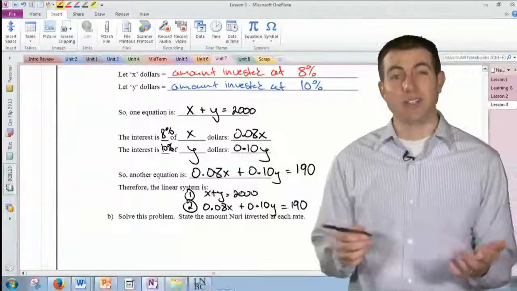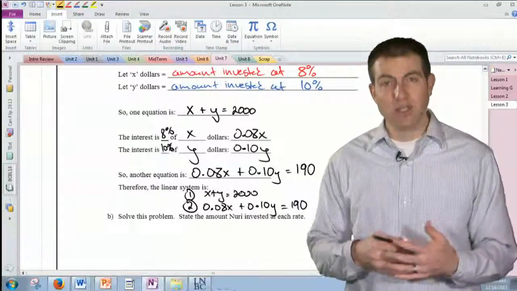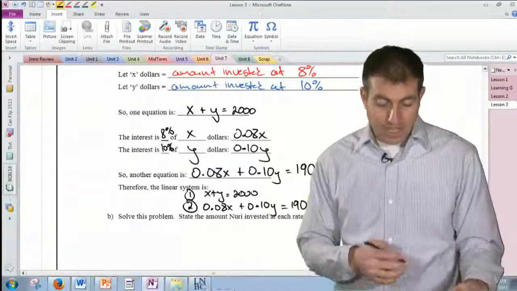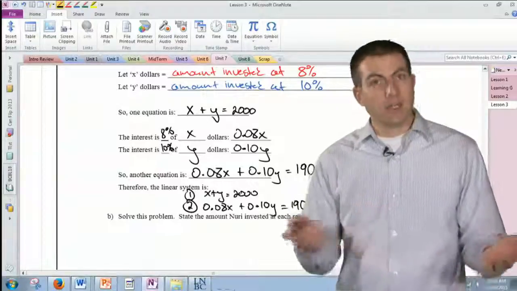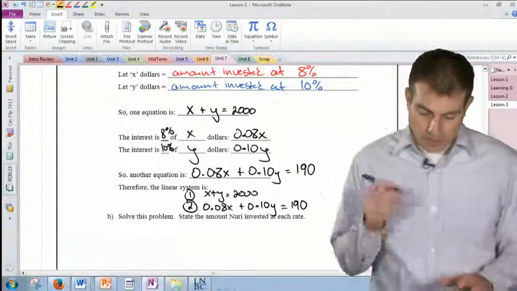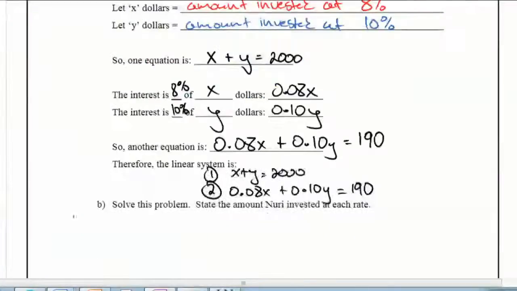Since we're solving the system by substitution, we're going to isolate x or y in one of our equations. And looking at equation number 1, it looks like we already have an x and a y with no coefficients in front. So let's isolate equation 1 for x.